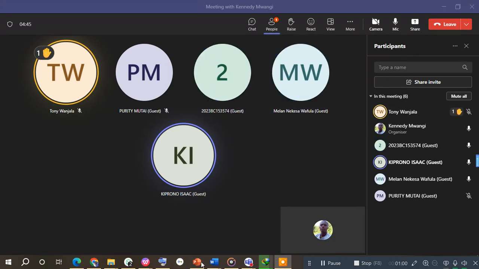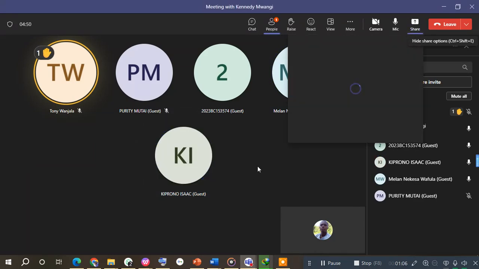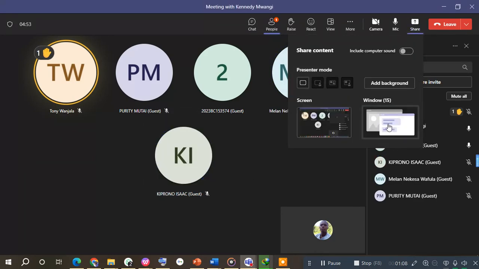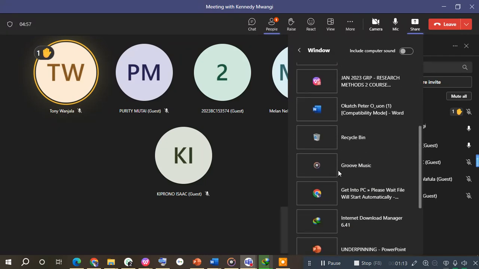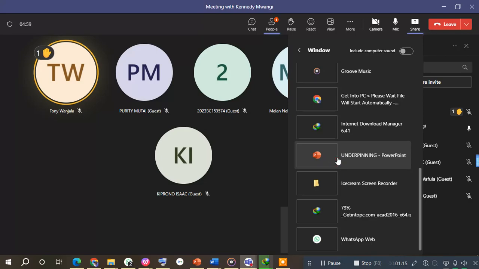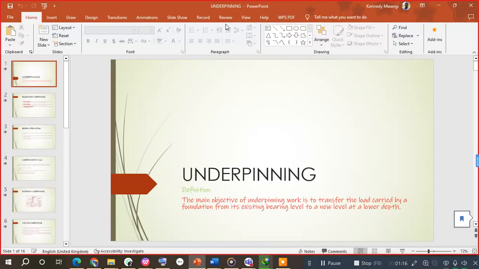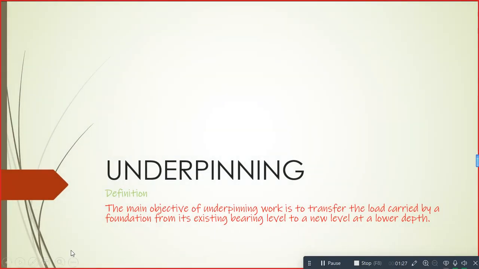Today we'll be looking at underpinning. Allow me to share my screen so that you can move on the same boat. Can you be able to see my screen?